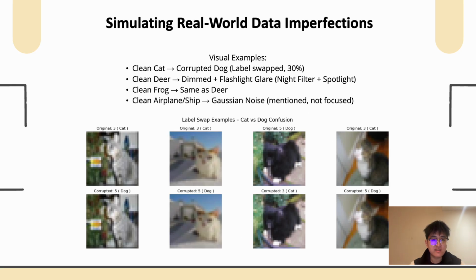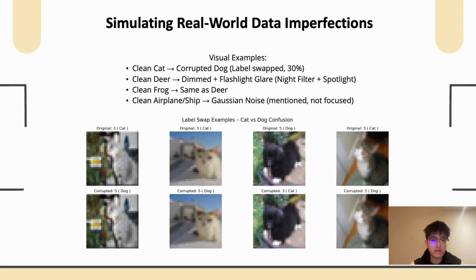In real-world datasets, data is rarely clean. To simulate this, we introduced targeted corruption. First, we swapped labels between cats and dogs for 30% of their images, creating label noise. Second, we applied a night filter and flashlight glare effect to deer and frog images, mimicking low light camera footage.